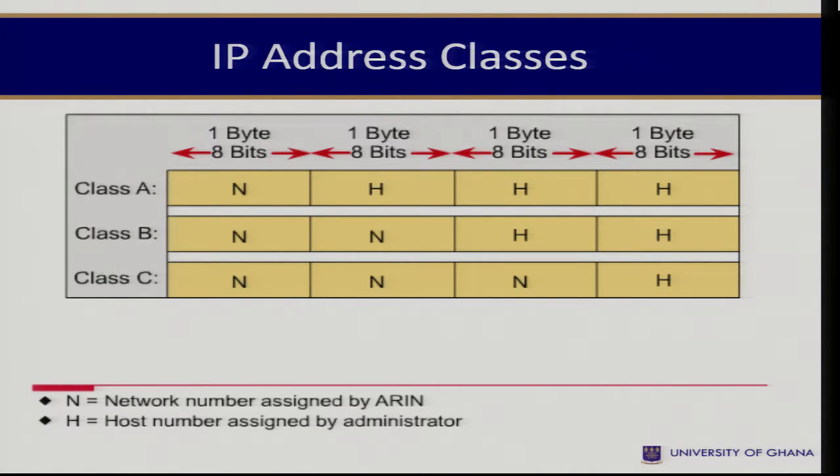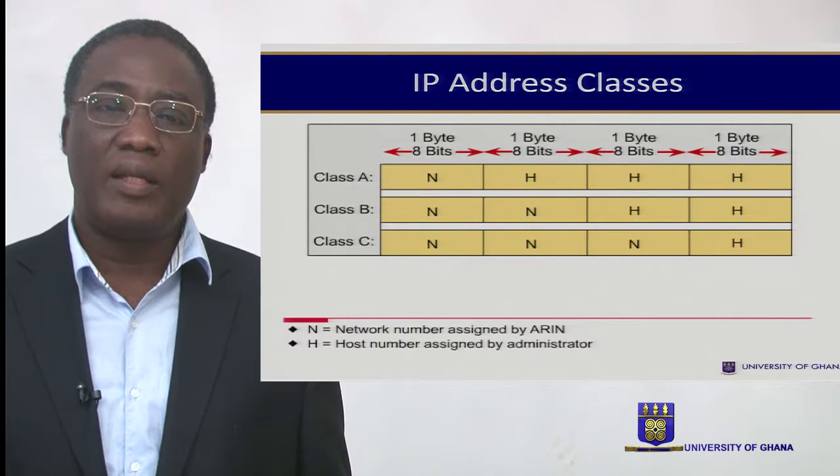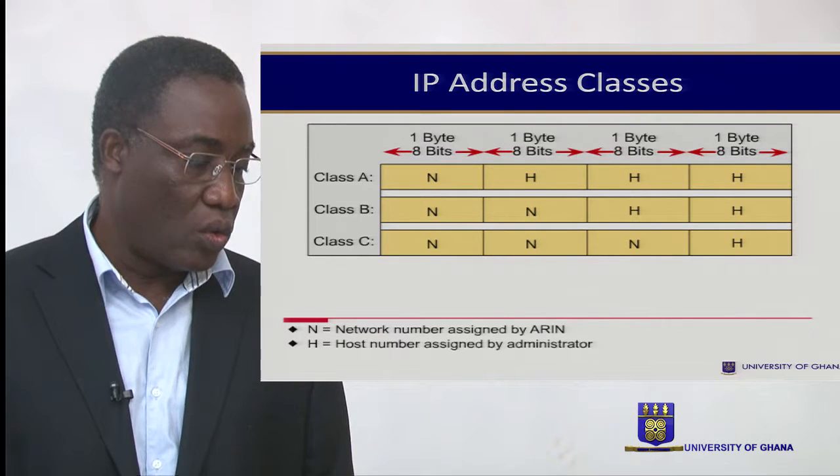In class B addresses, the first 16 bits are used for the network address. And in class C addresses, the first 24 bits are used for the network, and the last 8 are used for the host. So the N stands for the network, and the H stands for the host.